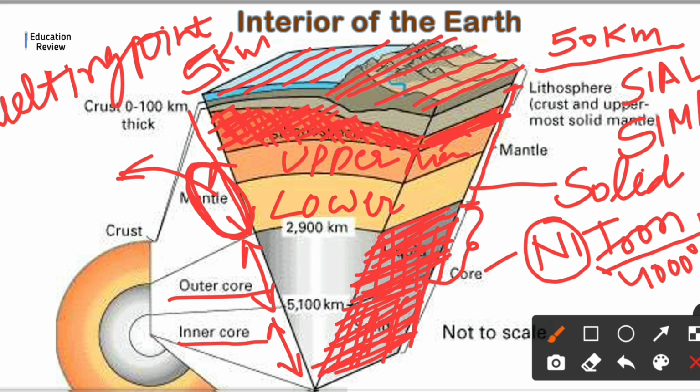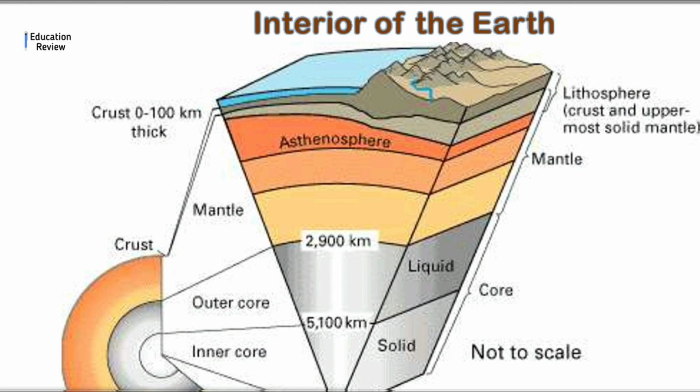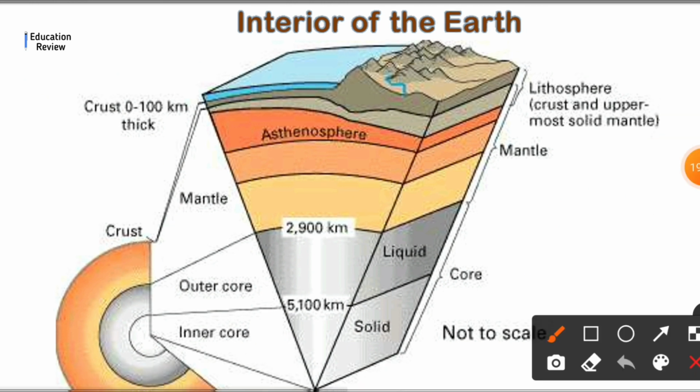Again, the temperature here is not above 4000 degrees centigrade, that's why the iron is in solid form. Okay, hope you understand the layers and why the outer core is in liquid state, why the inner core is in solid state, and why the asthenosphere is in jelly-like form.